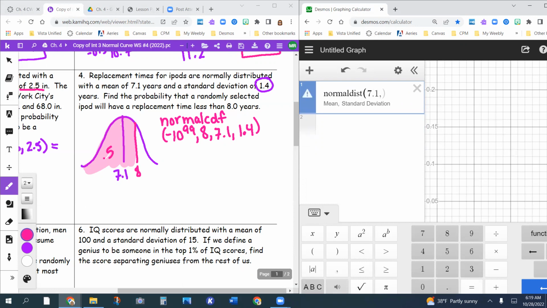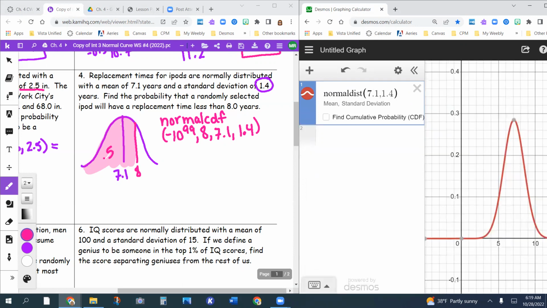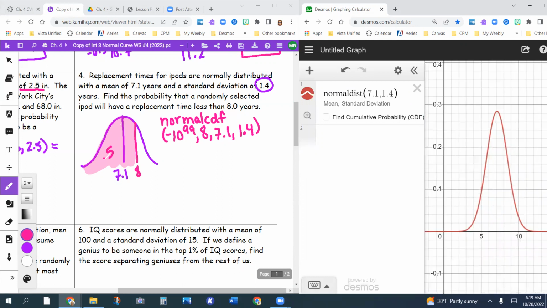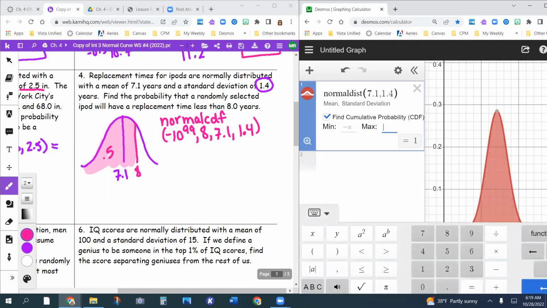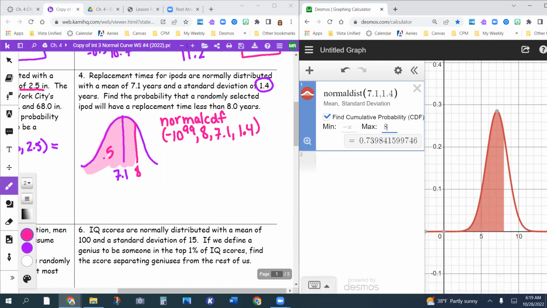My standard deviation is 1.4. And let me first just get the picture. There's the picture. And I want it from negative infinity, so I'm going to keep that. That's really negative 10 to the 99 on our graphing calculators, to 8. And we see our answer is going to be 0.74. So about 74%, but they want it as a probability, so just leave it like that.